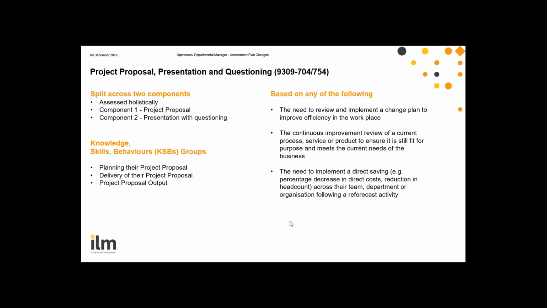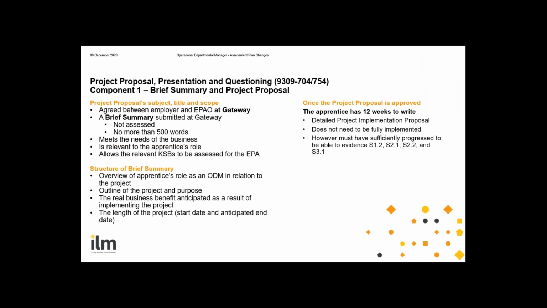So if we can move to the next slide, I will tell you a bit more about the subject, title, and scope of this project proposal, which first of all will need to be agreed between the employer and us at Gateway.